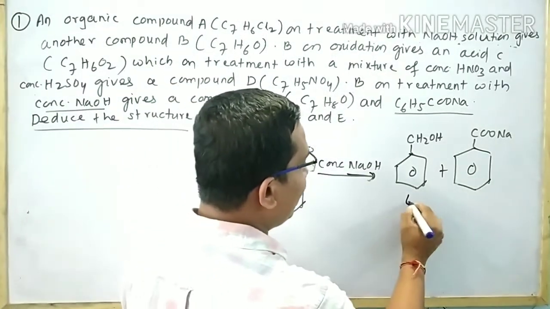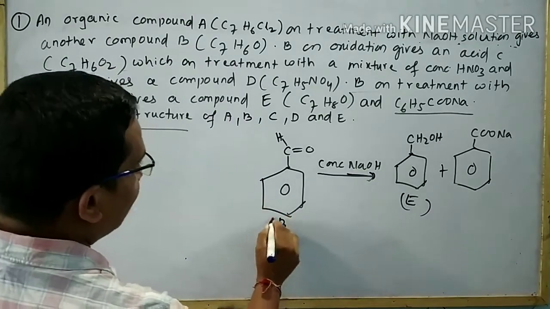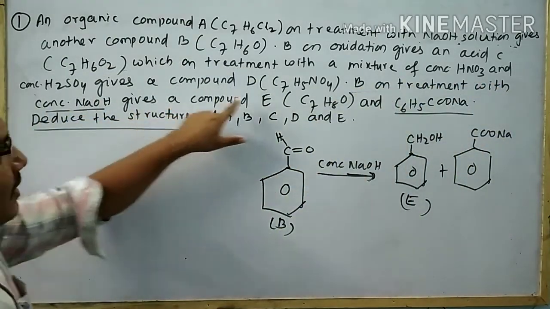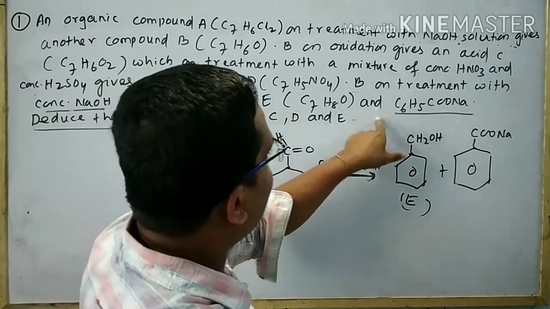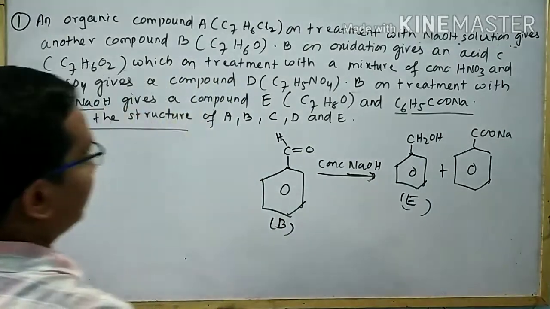This is said to be E. Now this is said to be B because B on treatment with the concentrated NaOH gives a compound E. This is your E, and C6H5COONa, this is your sodium salt of benzoic acid.